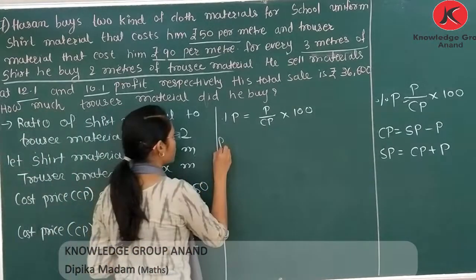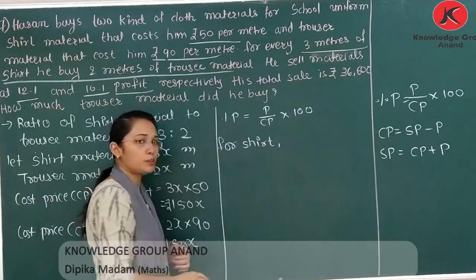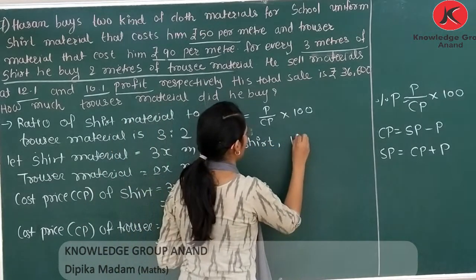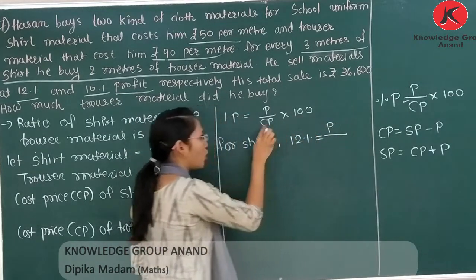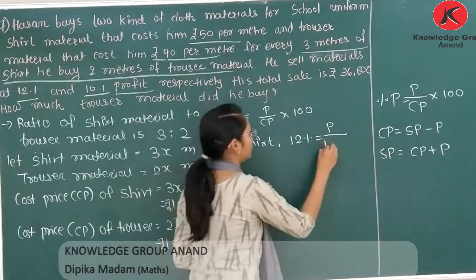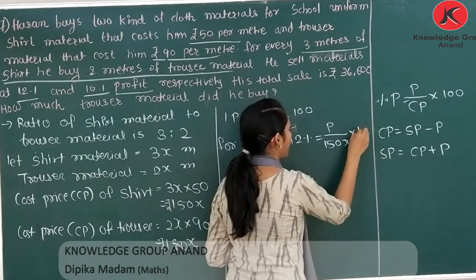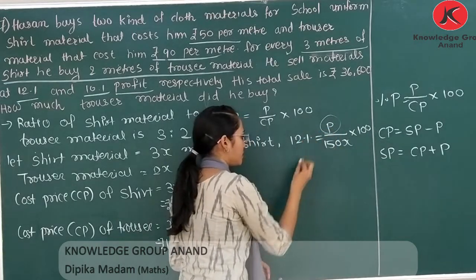So for the shirt, what is the profit percentage? That is 12% is equal to profit divided by the cost price, 150x, multiplied by 100. Now we have to find this profit. So 150 will be in multiplication.